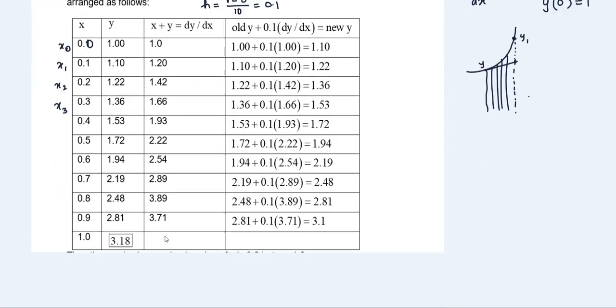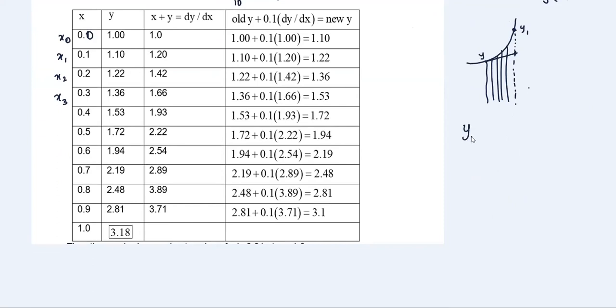And what is Euler's? Write down Euler's iterative step: yi plus 1 is yi plus h times f of x, y. So Euler's iterative step is yi plus h times f of x comma y, which is x plus y. So you get xi plus yi.